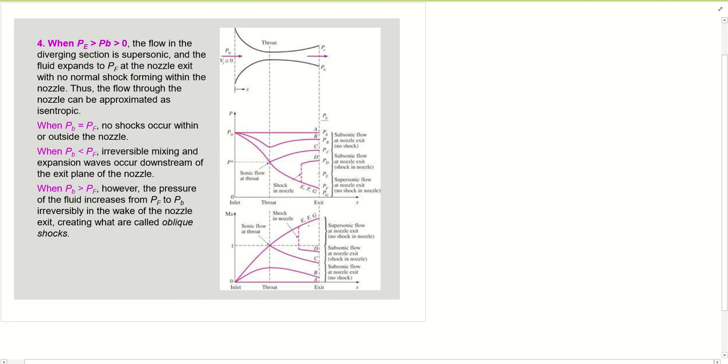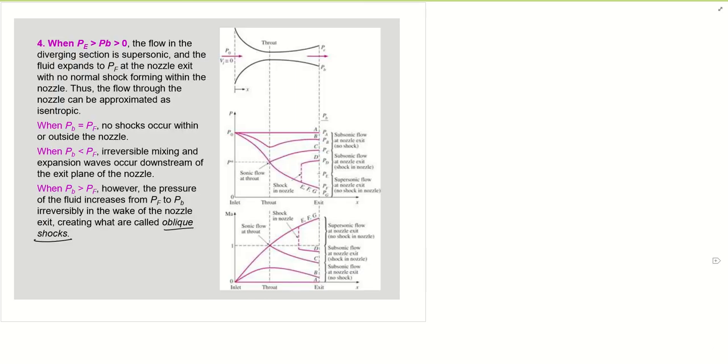When PB is greater than PF, however, the pressure of the fluid increases from PF to PB irreversibly in the wake of the nozzle exit, creating what is called an oblique shock.